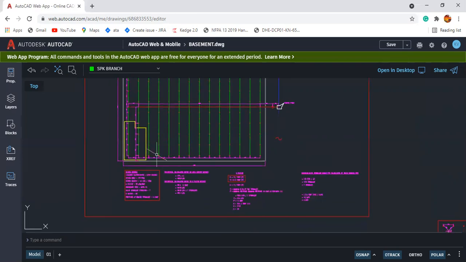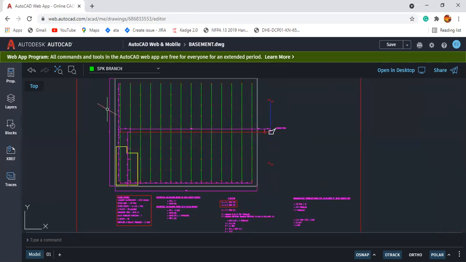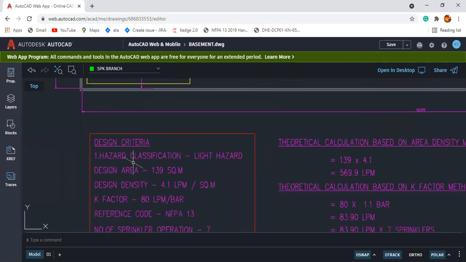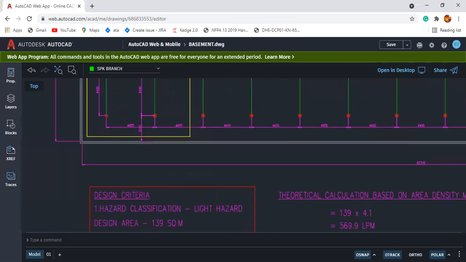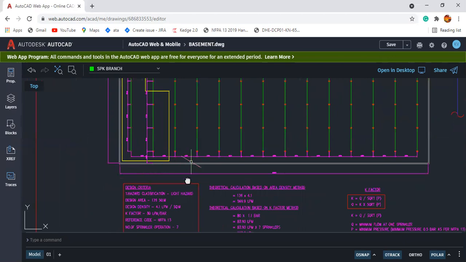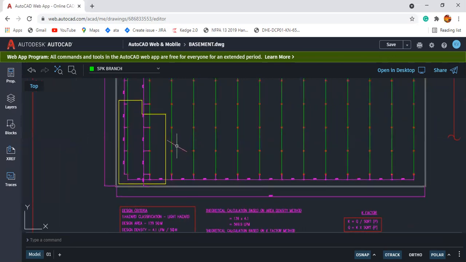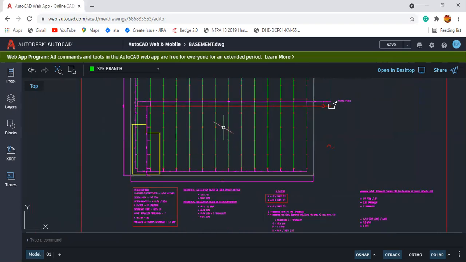So if it is not necessary to activate all the sprinklers at the same time, how many sprinklers activate during a fire? This is the reason NFPA provides the terminology design area, and they have provided 139 square meters for light hazard. This 139 square meter design area is a kind of border, a kind of region. For 139 square meters, we need to make a boundary at the hydraulically remote area.